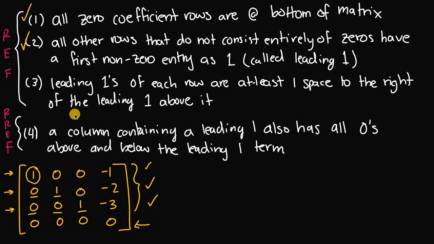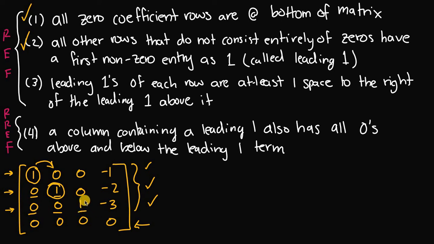How about rule number 3? Leading ones of each row are at least one space to the right of the leading one above it. For the first row, we have a 1 in the first column. Rule number 3 basically says that the leading one in the row below it has to be at least one column over to the right. And we can see that in row 2 this is true.